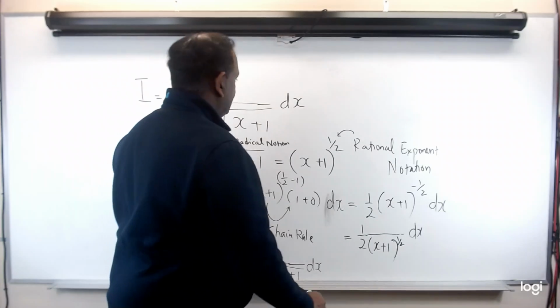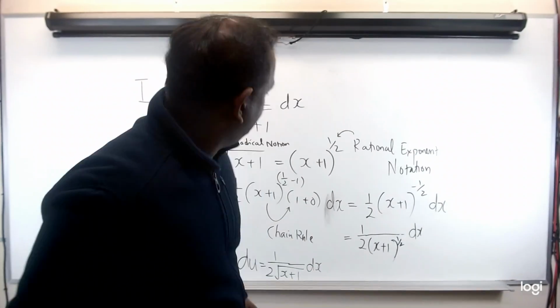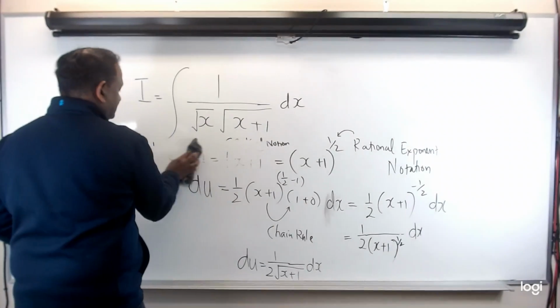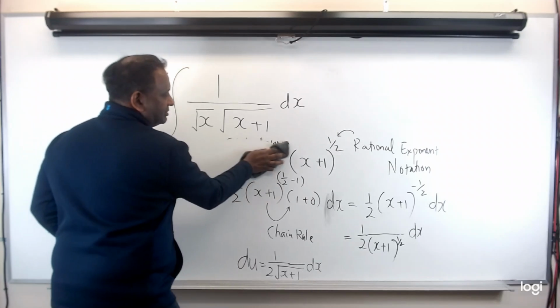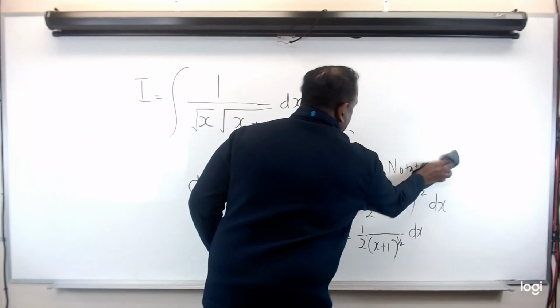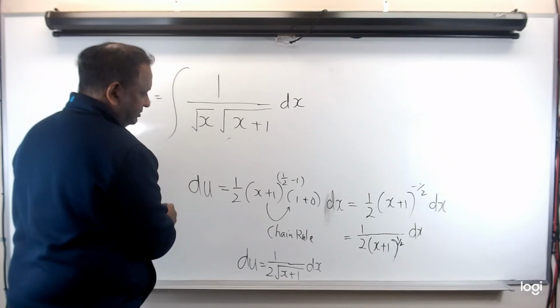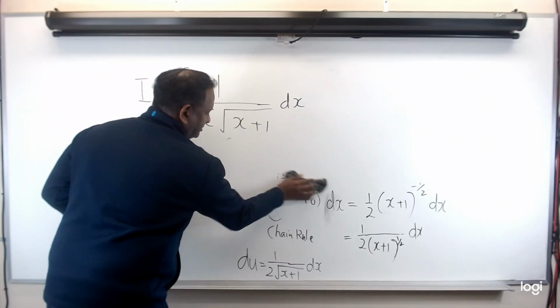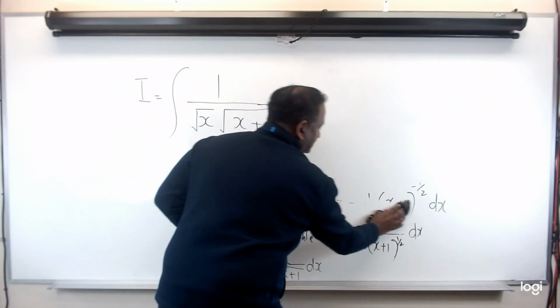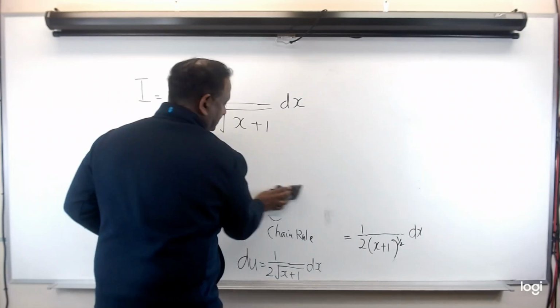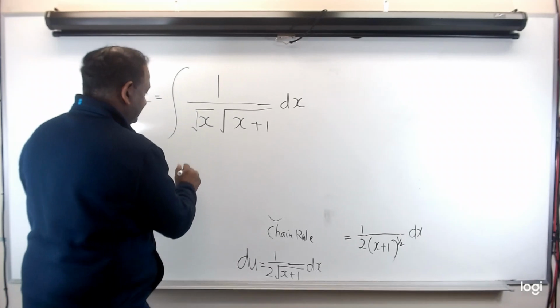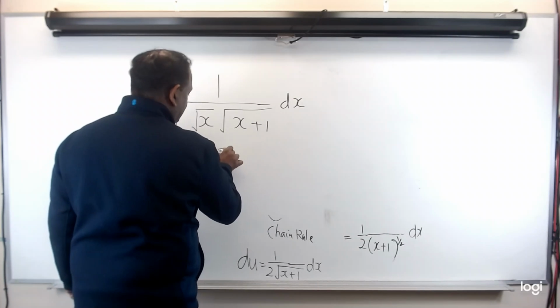I'm going to go back here. See, I have this u, where u equals square root x plus 1.